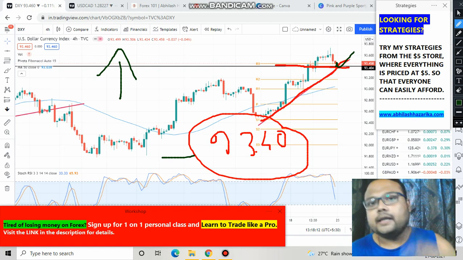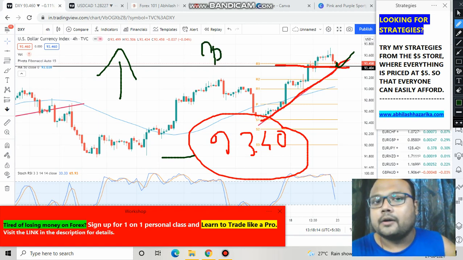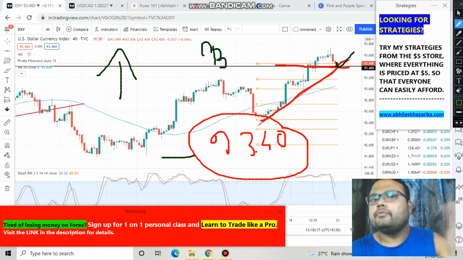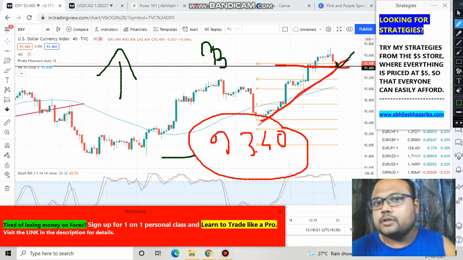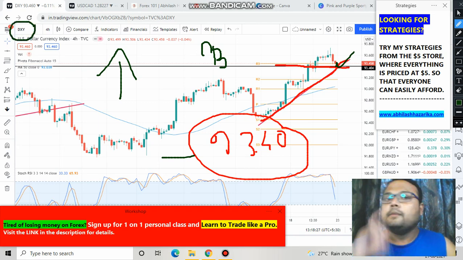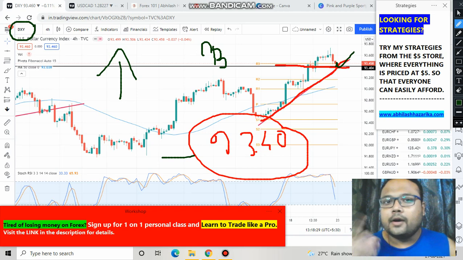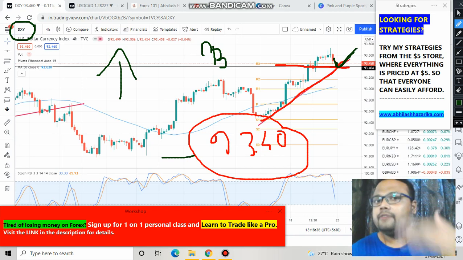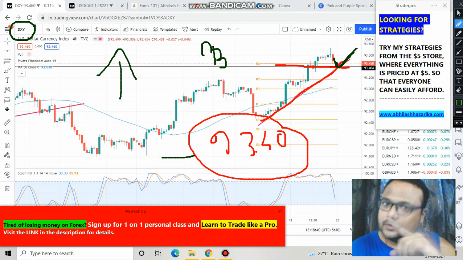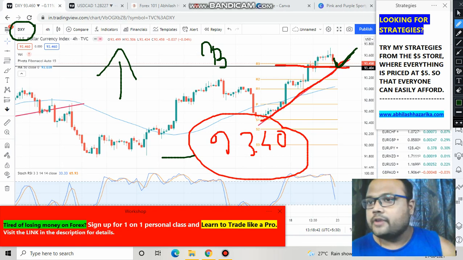In that case, you can easily place a buy order, because in the chart of USD CAD you may not have any proper pattern or confirmation, but the chart of DXY, the US dollar, is giving you the confirmation that you can easily go for a buy order because I have my support. If the US dollar bounces from the support, you can easily go for a buy on USD CAD as well. That is your first trading opportunity.